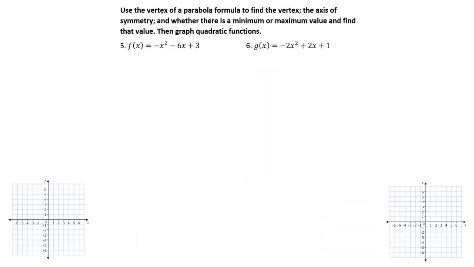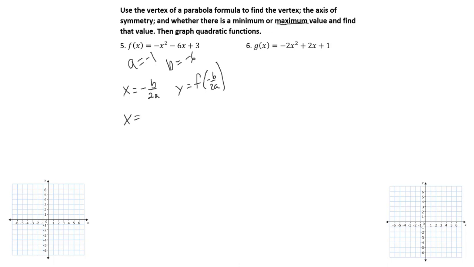All right, let's look at some more examples. Here we have it where our a value is negative. So then we know that we will have a maximum when our a value is negative. We have a b of -6. And remember, our vertex is found by doing -b divided by 2a, and y is found by taking that -b/2a and plugging it back into the function.